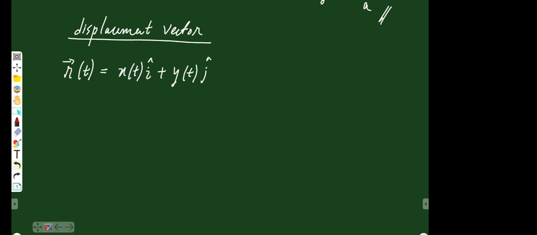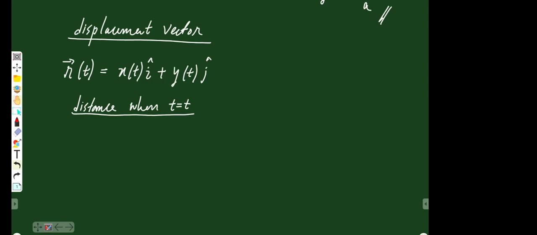Now, if you need to find out the distance when t is equal to t, right? You understand displacement is a vector quantity, right? So the shortest distance is displacement.